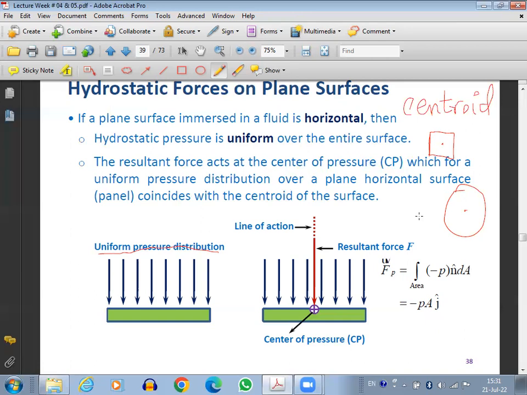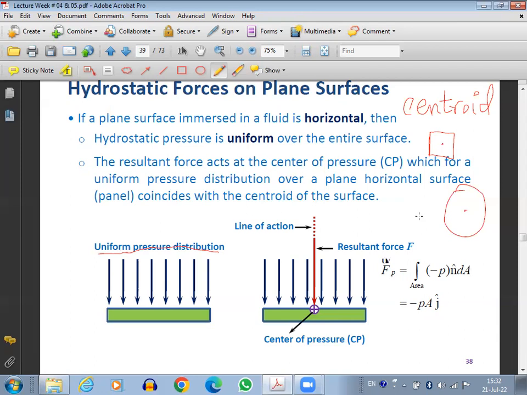If the mass is equally distributed within the object, then the centroid would be the same as the center of gravity. But there is a possibility that the mass is not equally distributed. Suppose you have a balloon and you put a little water in it. The water will be on the downside of the balloon.